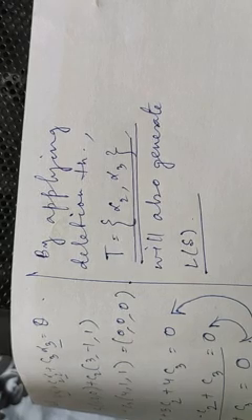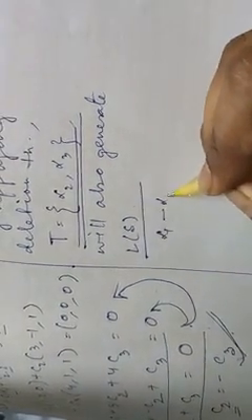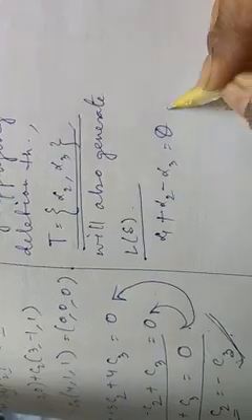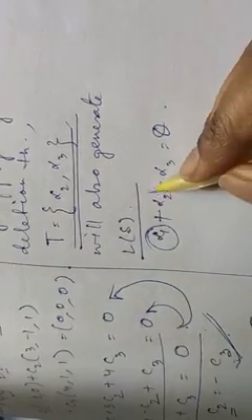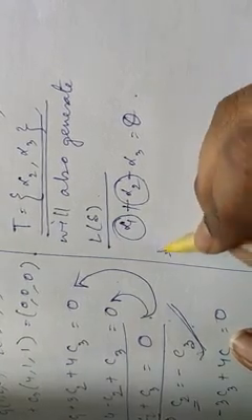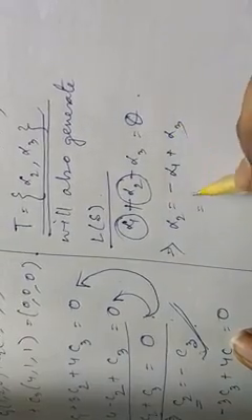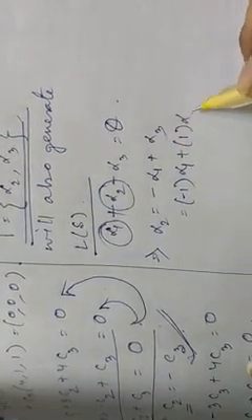Now check, for this relation alpha 1 plus alpha 2 minus alpha 3 equals theta, we get that alpha 1 can be expressed as the linear combination of the remaining two. Similarly, alpha 2 also can be expressed as the linear combination of the other two. If we write alpha 2 equals minus alpha 1 plus alpha 3, then this becomes minus 1 into alpha 1 plus 1 into alpha 3.